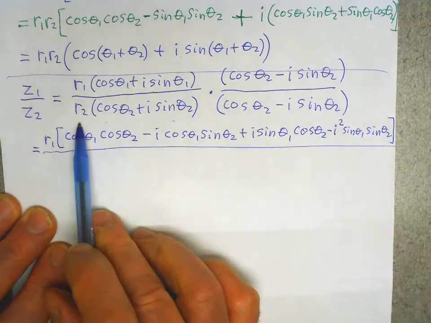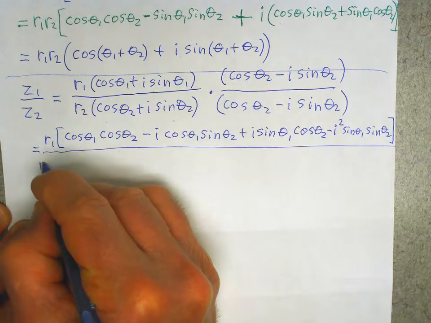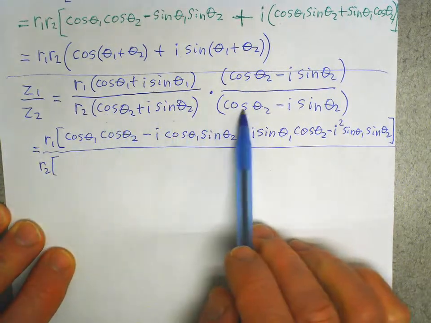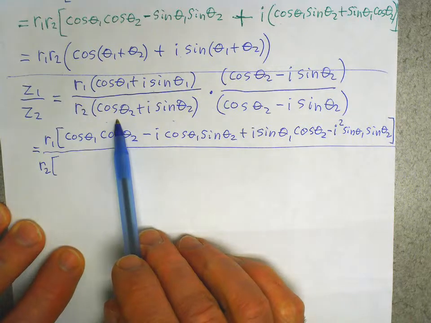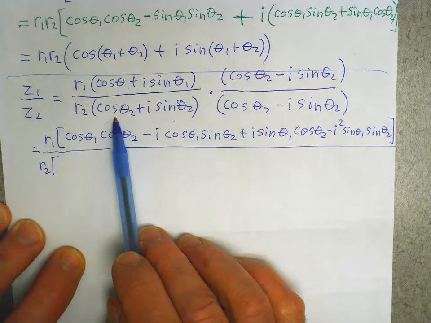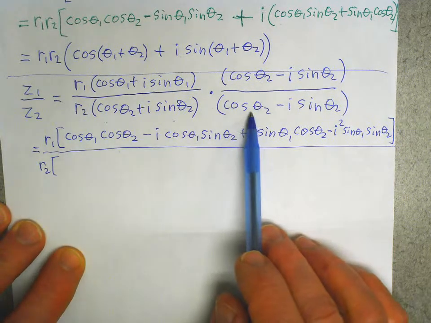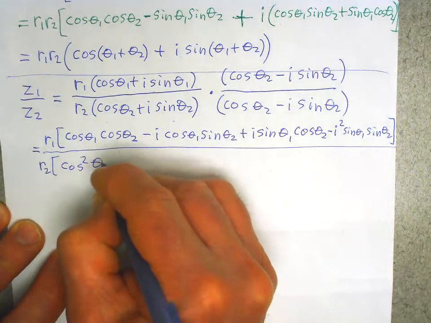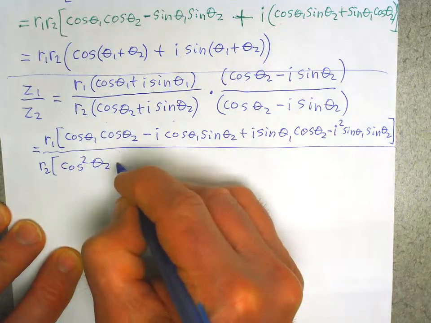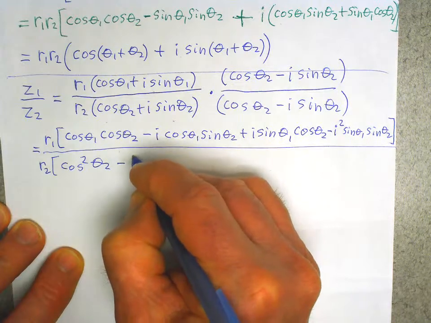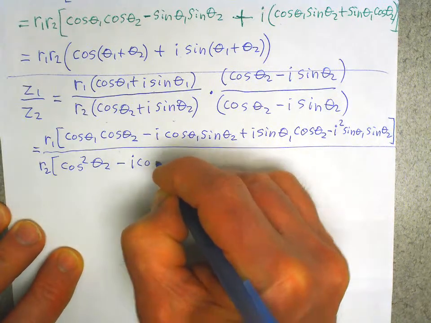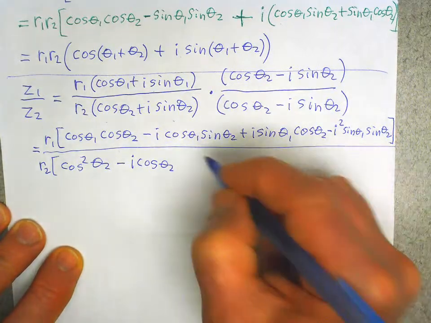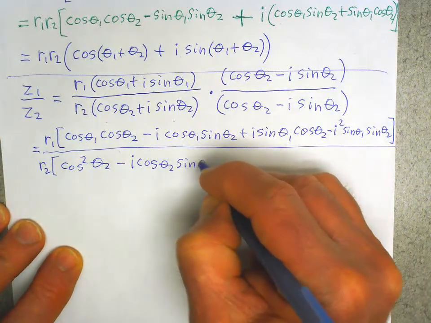In the denominator, we have r2. This is going to work out a little more nicely because we're multiplying same terms. Cosine of theta 2 times cosine of theta 2 is cosine of theta 2 squared. And then I have minus i times cosine of theta 2 times sine of theta 2.